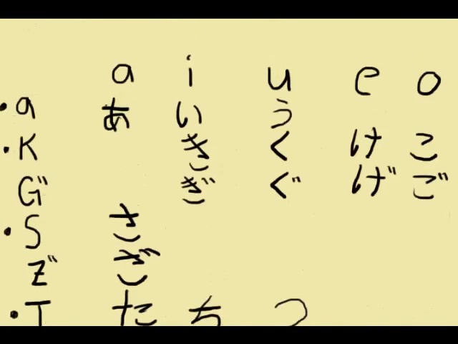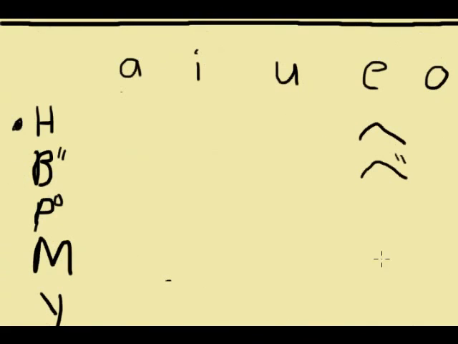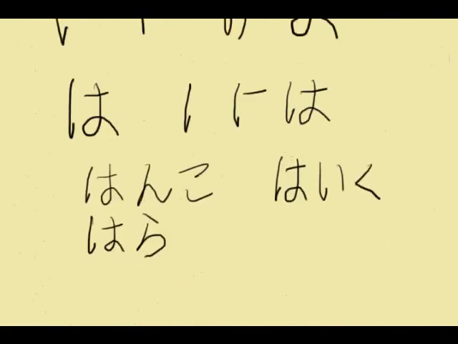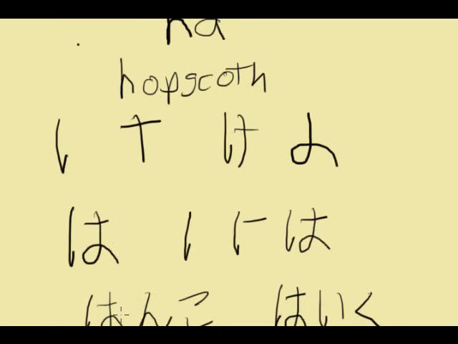Of course, if you look here, it is the H line. So we have he becomes be. So if we have ha here, if we voice that, ha becomes ba. So going back up here, instead of hanko, let's put some voice marks here.